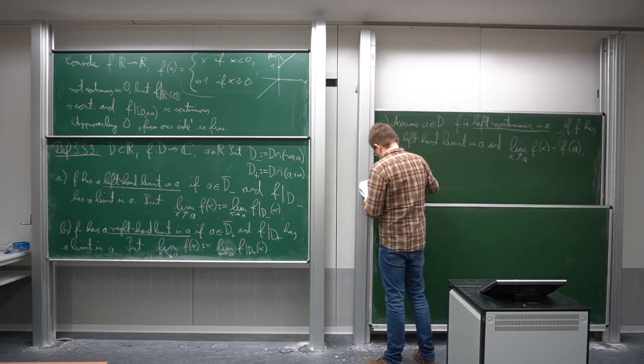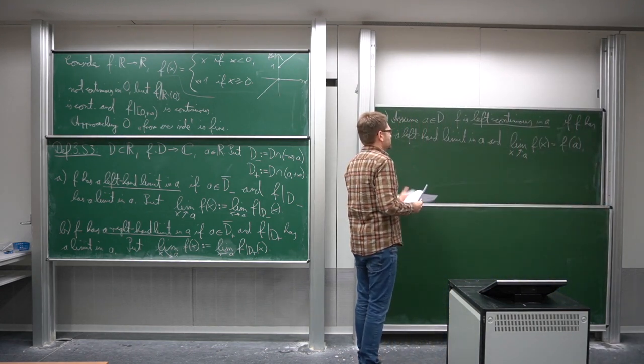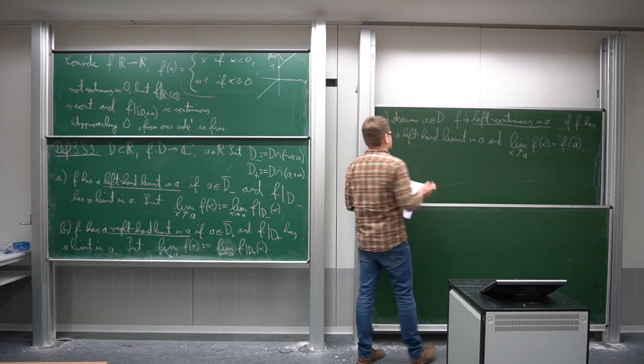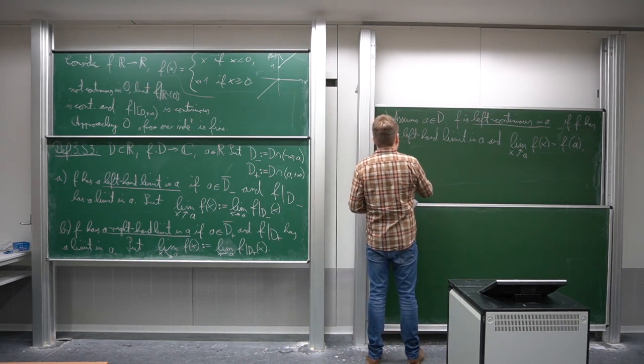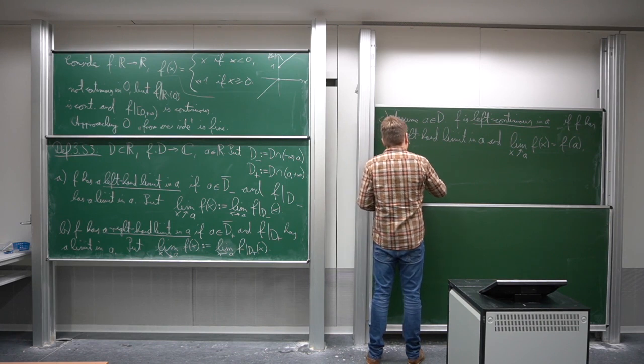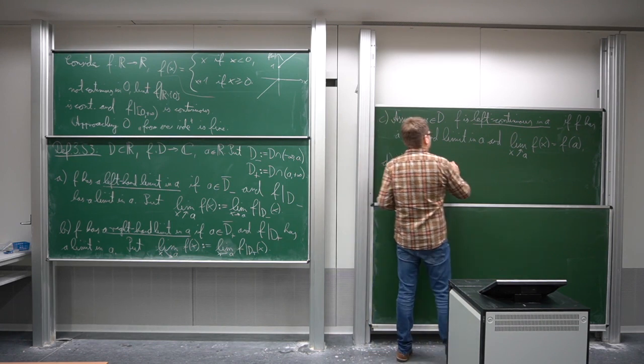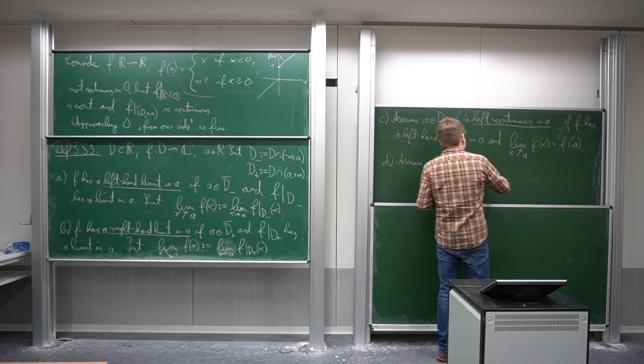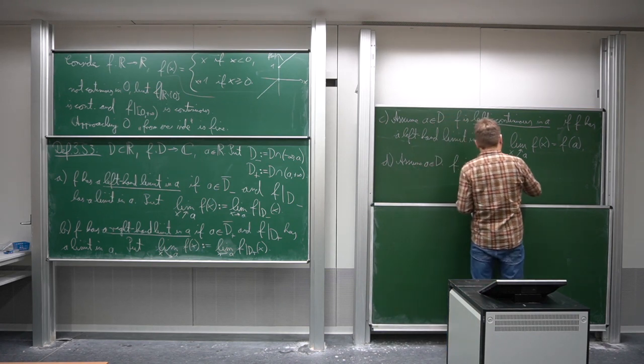Okay, now you can guess what's coming next. Now this is left continuous, and of course from the other side we get the notion of right continuity. So again, assume a in D, f is right continuous.